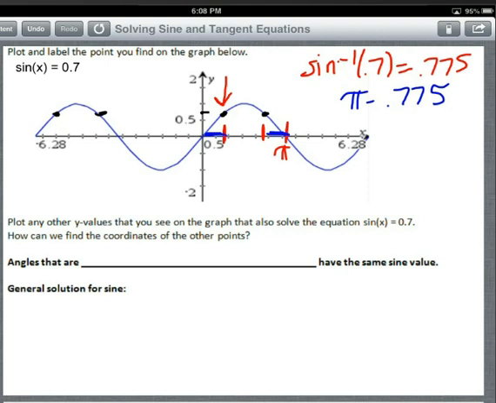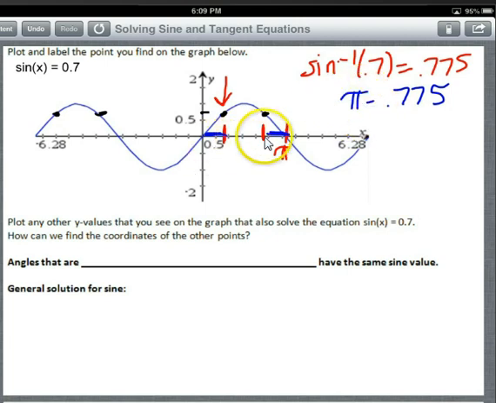How can we find the coordinates of the other points? What would we call these angles in general? If we take pi minus an angle, these two angles will add up to pi. What is pi in degrees? Pi is 180.